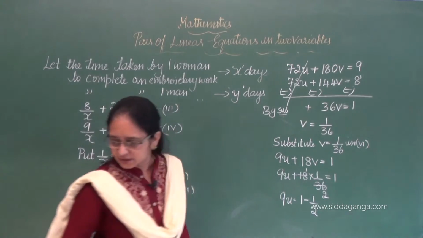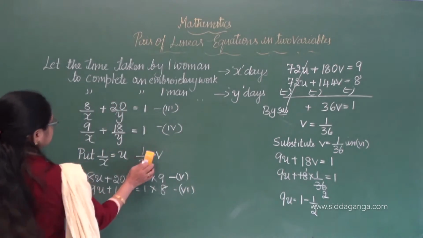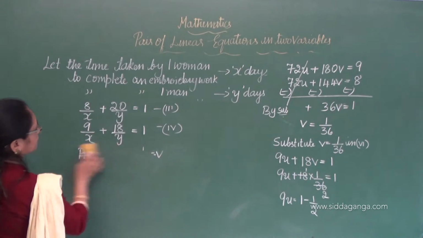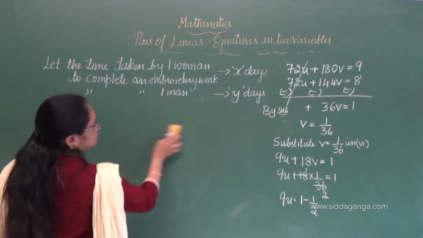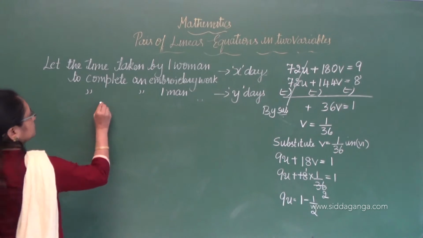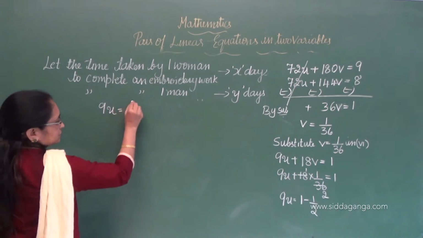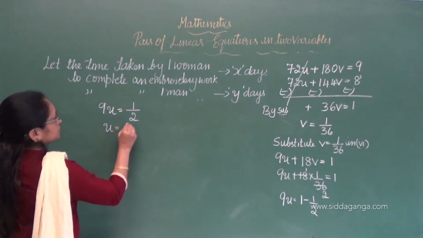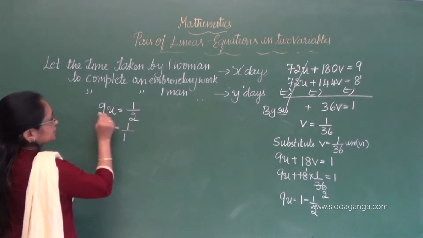Now I will work it out here. 9u is equal to half. Then u is equal to 1 by 18, when we transpose.